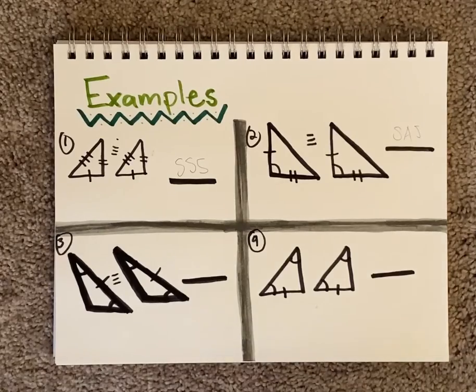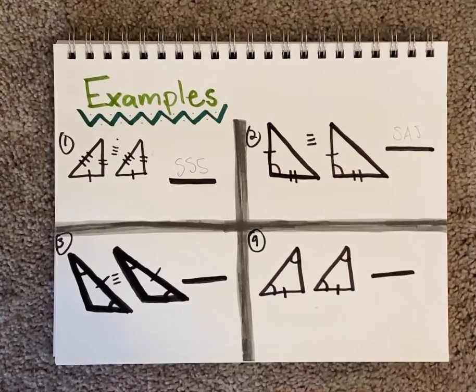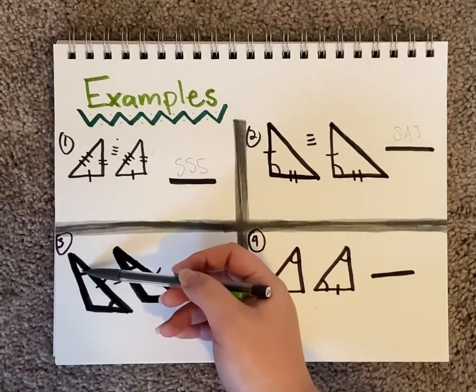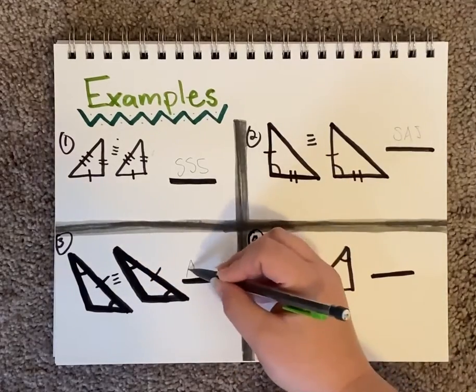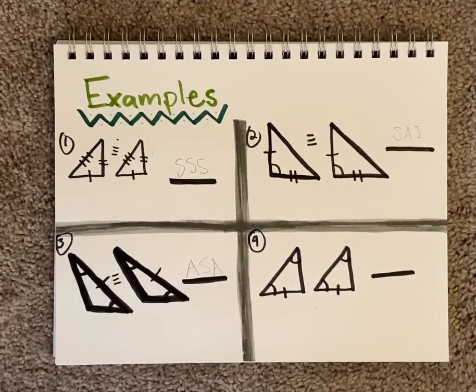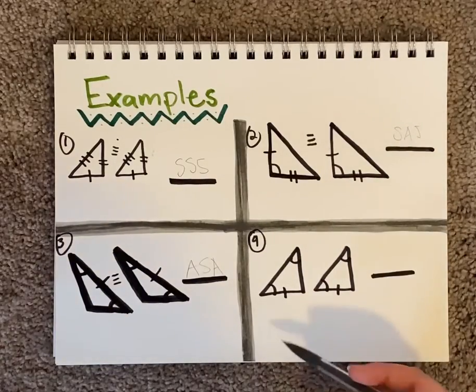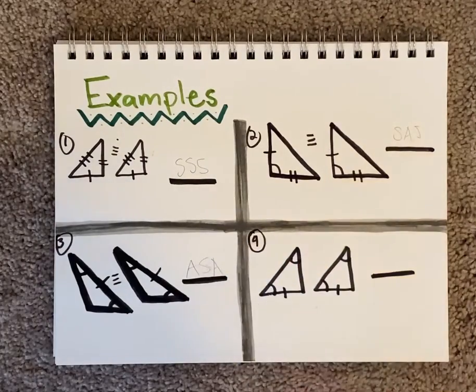Number 3. We have 2 angles and an equal side for each triangle. So we would have an angle, side, angle. So that means this would be our ASA rule, or angle, side, angle. And remember, this means that we have to have an included side, so that would be ASA.